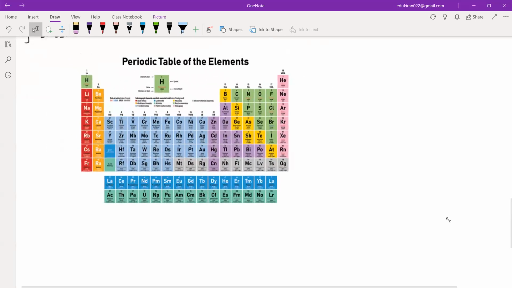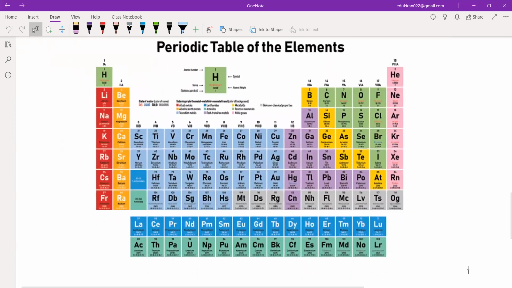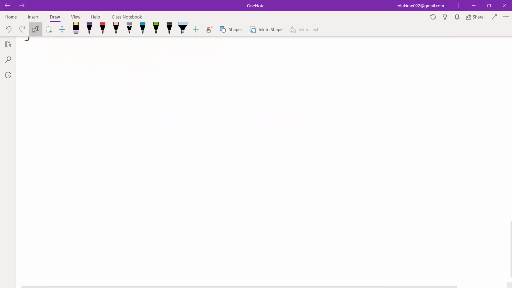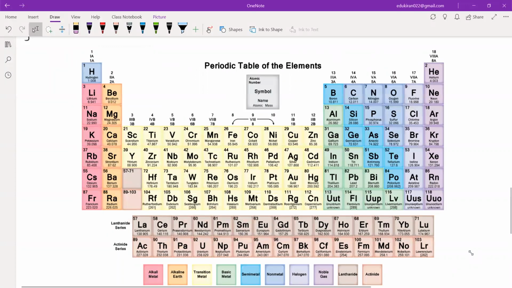Now let us look at the periodic table, and from here you will understand the consequence of this lanthanide contraction. I need a better view where you can see the atomic numbers.